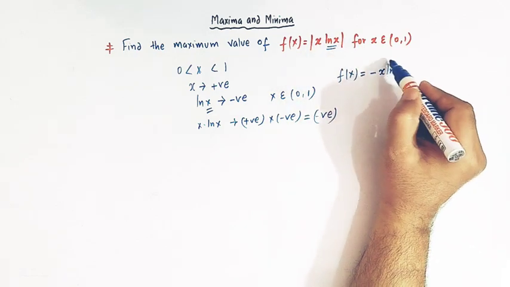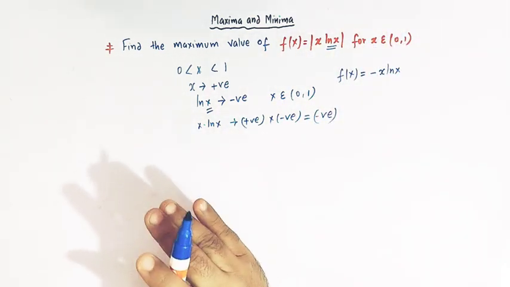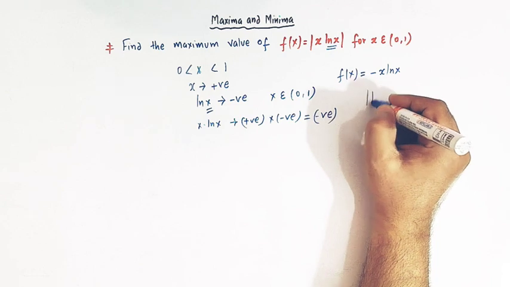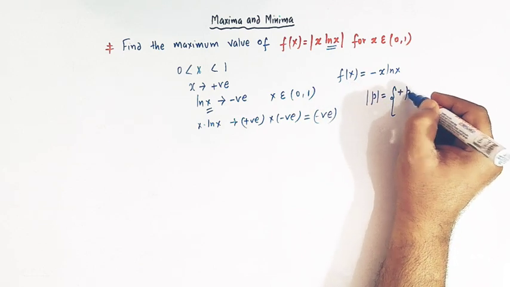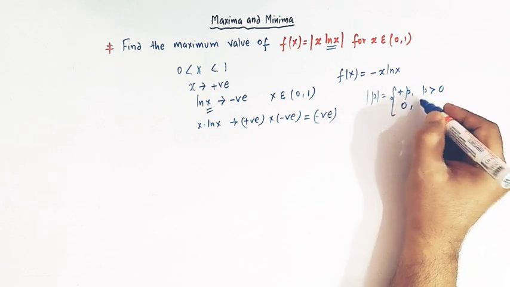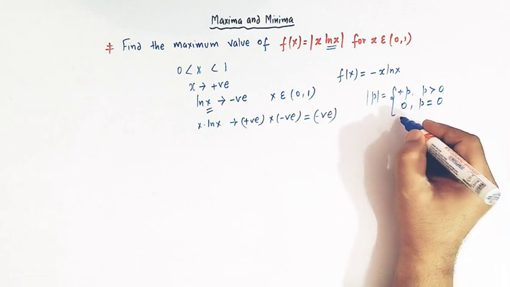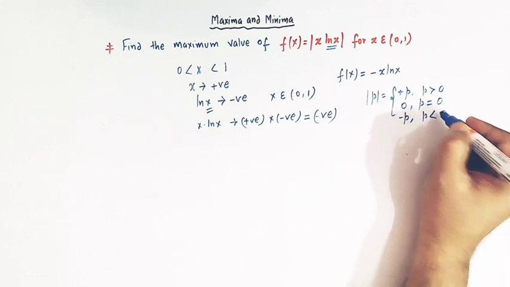We have written this by using the definition of the mod function. Mod of p is equal to p whenever p is greater than 0, mod of p is 0 whenever p is equal to 0, and mod of p is negative of p when p is less than 0.